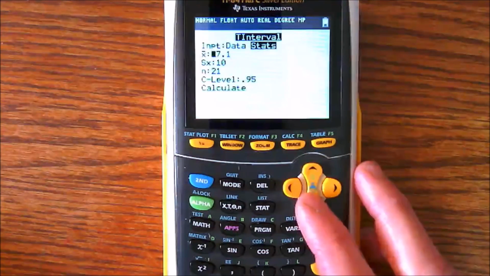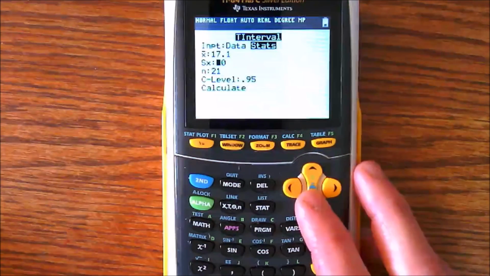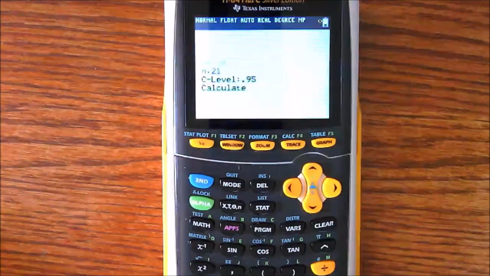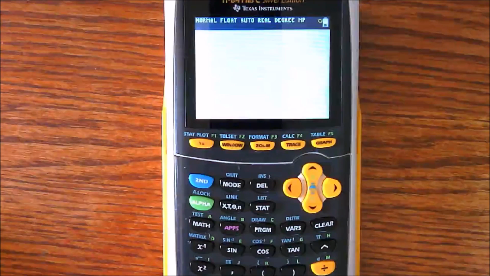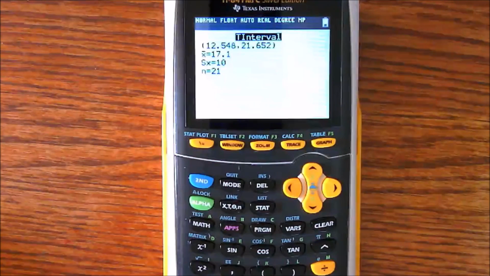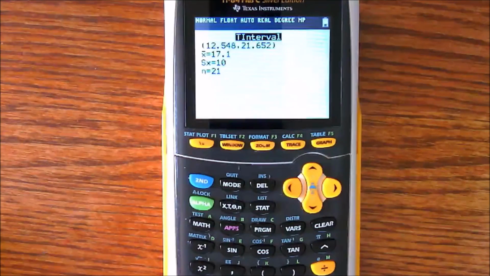T-interval, fill in what we have: 17.1, 10, 21, .95, calculate. Okay, and there's our interval. Again, it might be slightly different than what we got on the Google Sheet, but it's a matter of rounding and slight changes here and there, but it should be pretty darn close.